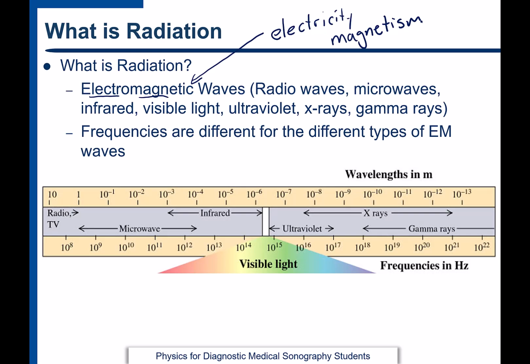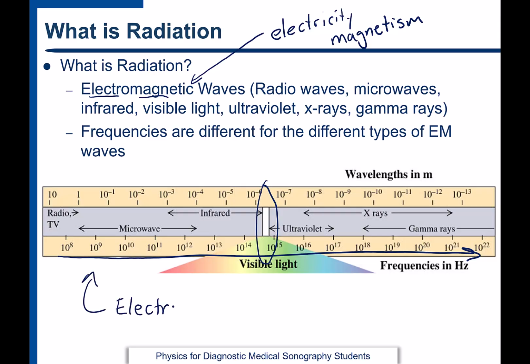And so in this chart right here, you'll notice we have a plot, and what they're showing here is the frequency. And so as we move to the right, the frequency is higher. You'll notice that visible light is right in the middle. And by the way, we call this the electromagnetic spectrum, which simply means all the different types of electromagnetic waves.